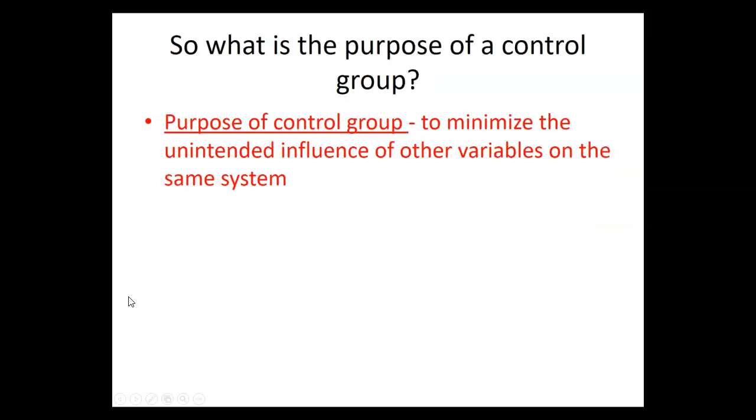All right, so getting back to this stuff. What's the purpose of a control group? The purpose of a control group is to minimize the unintended influence of other variables on the same system. So some of you might have wondered, maybe the vinegar is just dropping in temperature because it's so cold in your classroom. Well, we can't prove that one way or another because I didn't do a good experiment.